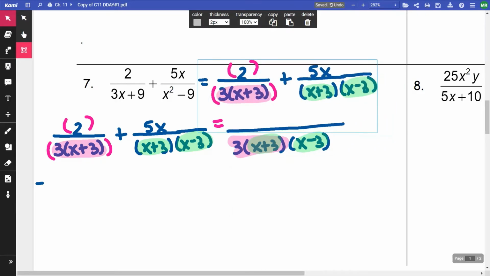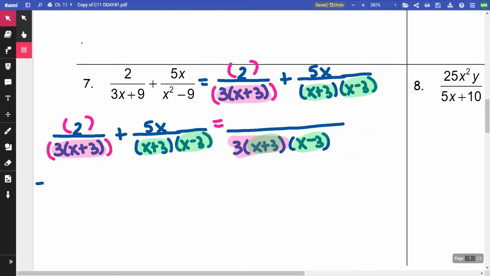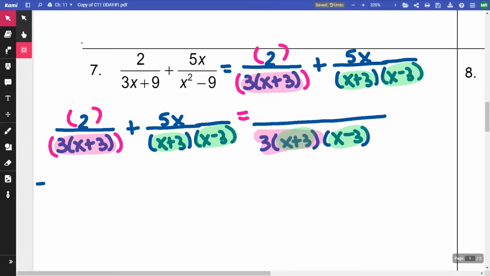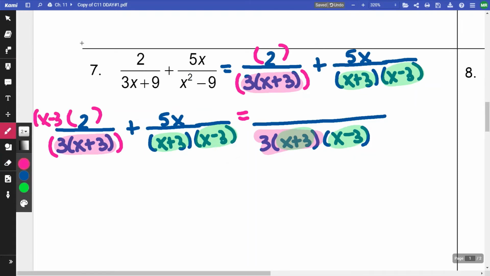Let me just, okay. So what's going to happen over here is I was missing an x minus 3. So I'm going to be multiplying top and bottom by x minus 3. Over here, I'm going to be multiplying by an x plus, not an x plus 3, sorry. I am missing just a 3. That's what I'm missing.